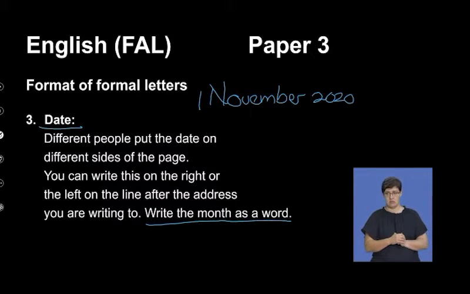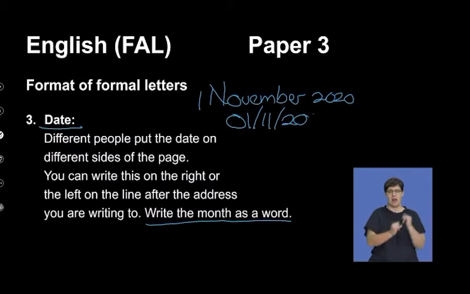Okay. So we need to ensure we write it out in full. Do not do this, as this is not formal writing practice. It would be regarded as informal and wrong. You may be discredited for something like that.